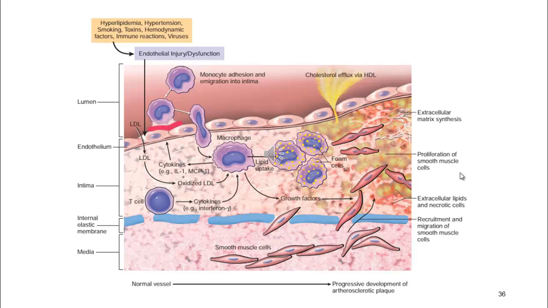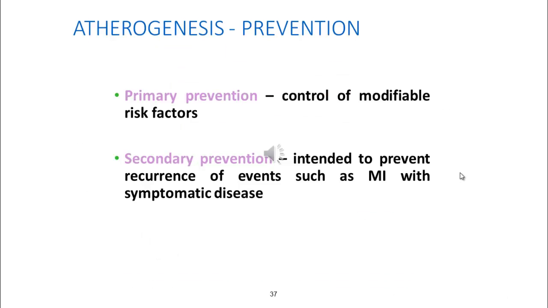These smooth muscle cells further increase the size of this intimal lesion by the release of extracellular matrix components. And finally, there is the atheroma formation, which contains a cellular component, extracellular matrix, and a lipid component.